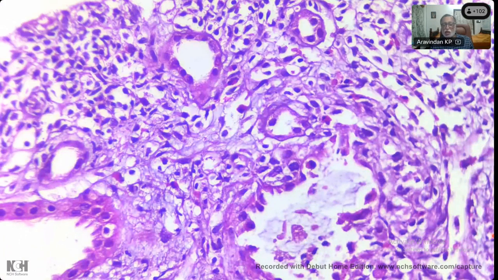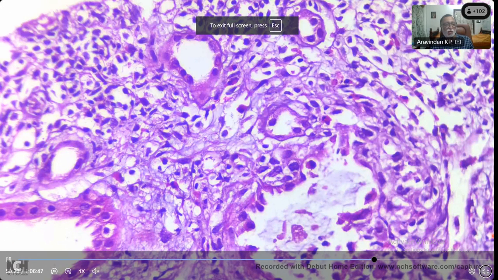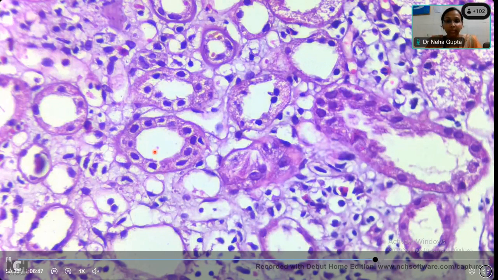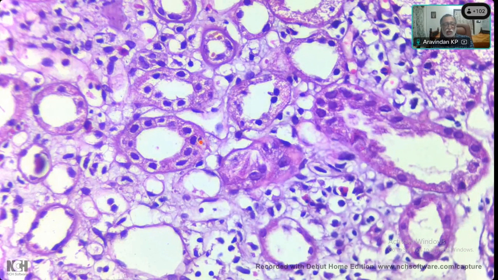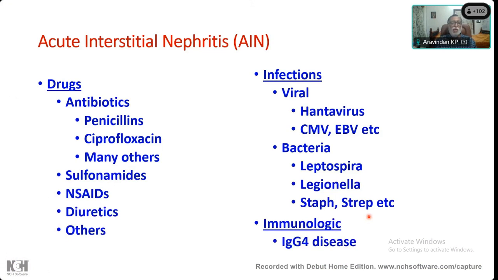Here again you find some eosinophils, edema. See, this is an eosinophil infiltrating the tubule. Some tubulitis is there. So what is the importance of eosinophils in this case?